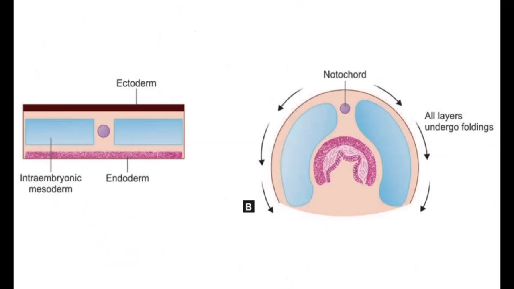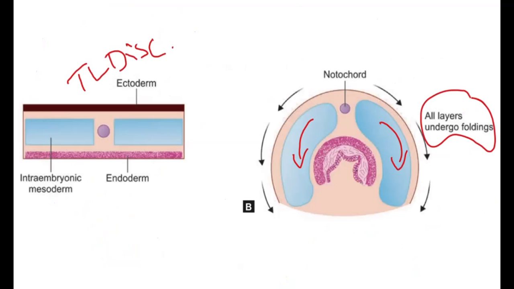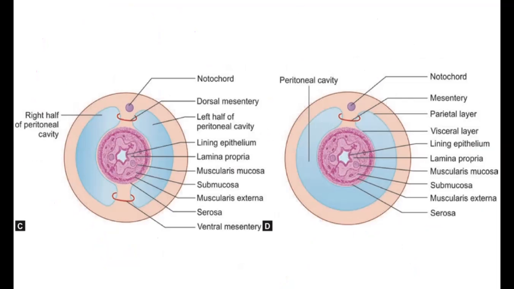See, this is the trilaminar disc. So this undergoes folding and invagination, it invaginates ventrally. Because of the invagination, mesoderm forms around the gut and it is suspended by mesenteries, dorsal mesentery and ventral mesentery.